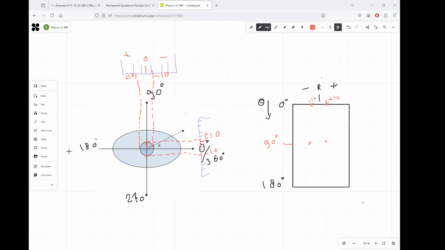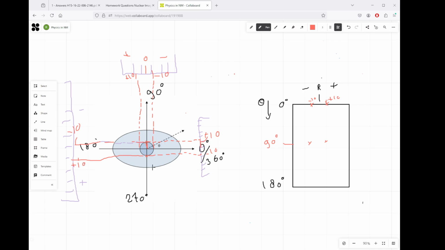We can do it for 180 degrees too. Another detector over here. Then we have plus here, minus here, and again we get the signal here and over here, which is again minus 10 and plus 10.